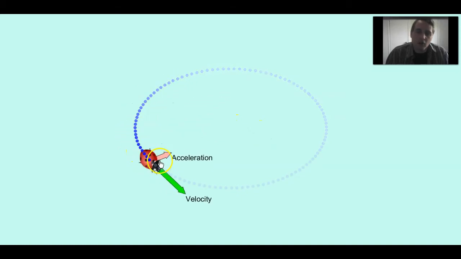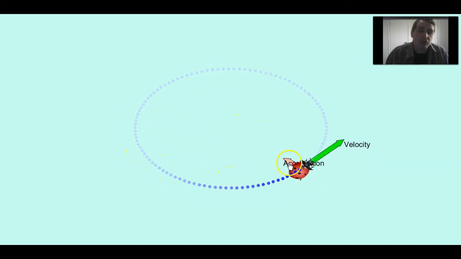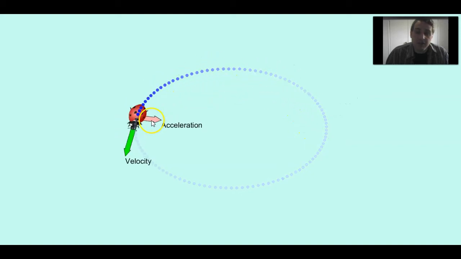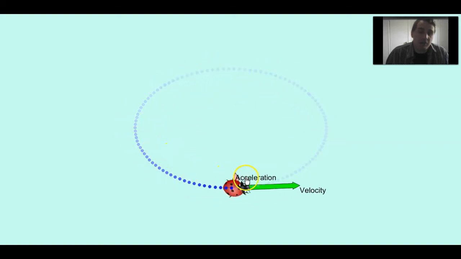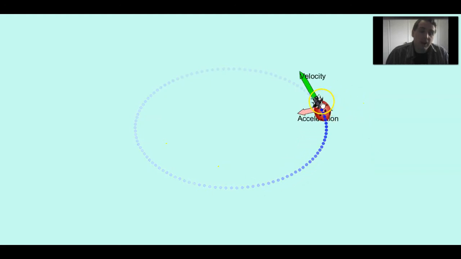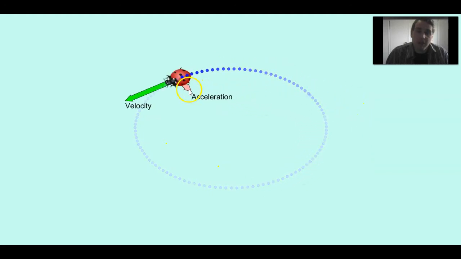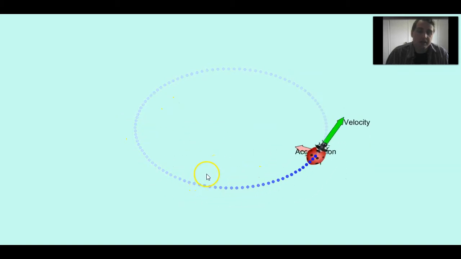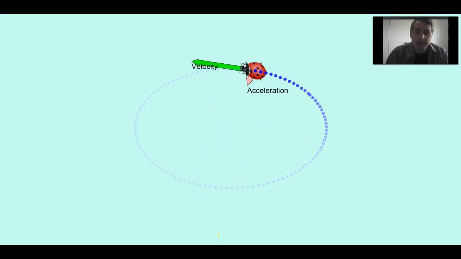But notice when the object is speeding up, the acceleration vector is more so in the same direction as the velocity vector. And when the object is slowing down, the acceleration vector is in the opposite direction of the velocity vector. And then say right there, the acceleration vector and the velocity vector are roughly perpendicular.